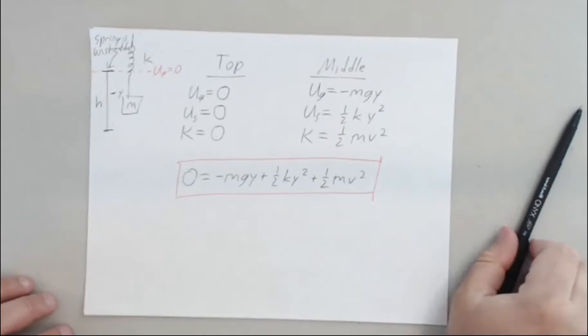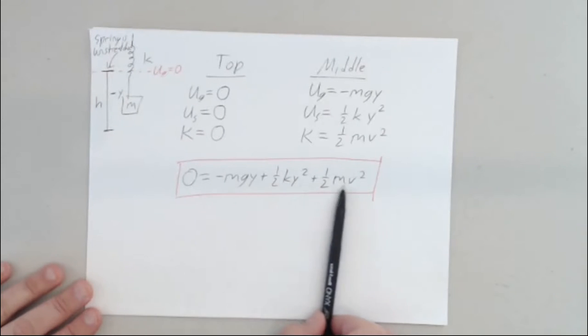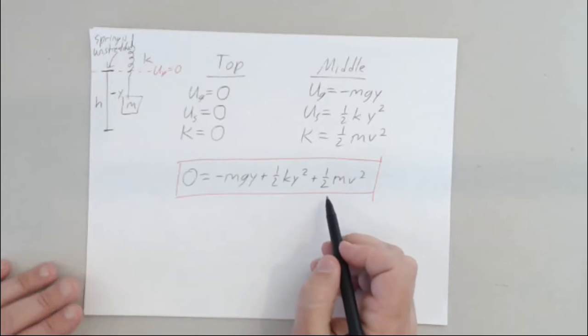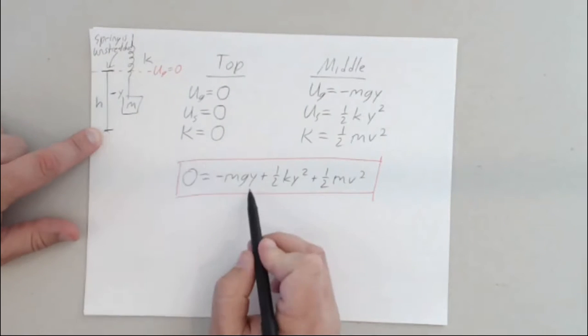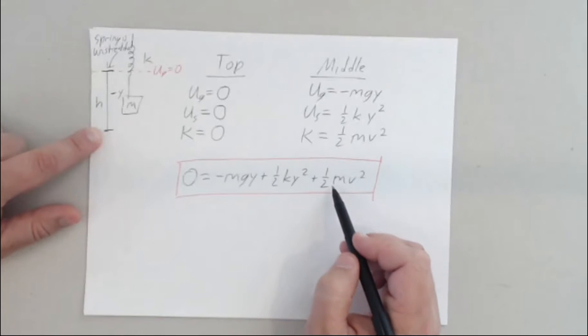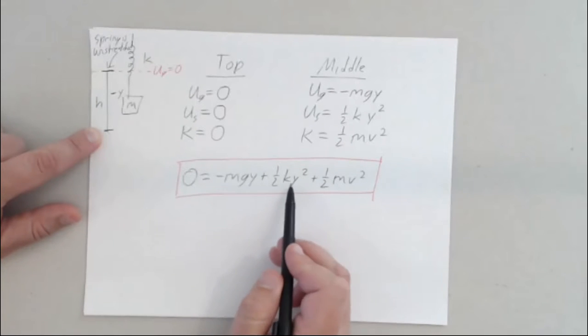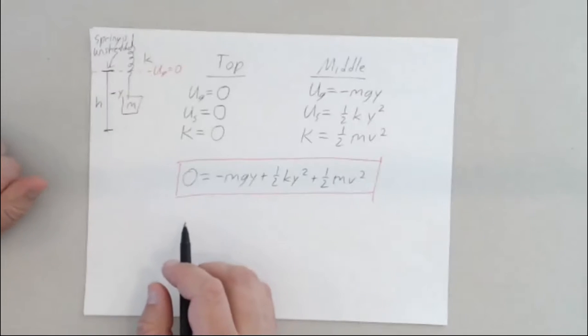Energy at the top is equal to energy somewhere else. If I did this all the way at the bottom, where y is h, my velocity would be 0, but these other terms wouldn't. But they'd have to add up to 0 because that's what conservation of energy says.